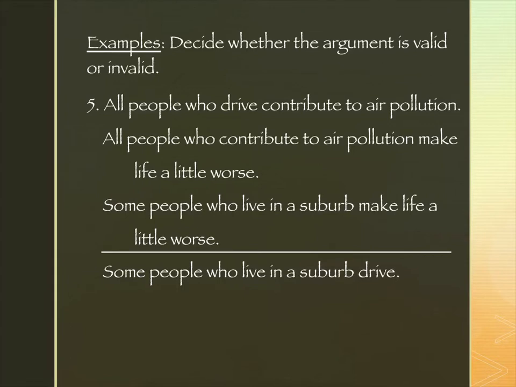As we start the first sentence, however, it is very much like the ones we've seen before. It says, all people who drive contribute to air pollution. Again, I don't care whether you think it's true or false. That's not the point. The point is to create a diagram that represents the sentences that were given. So what kind of circles are these going to be? Concentric.